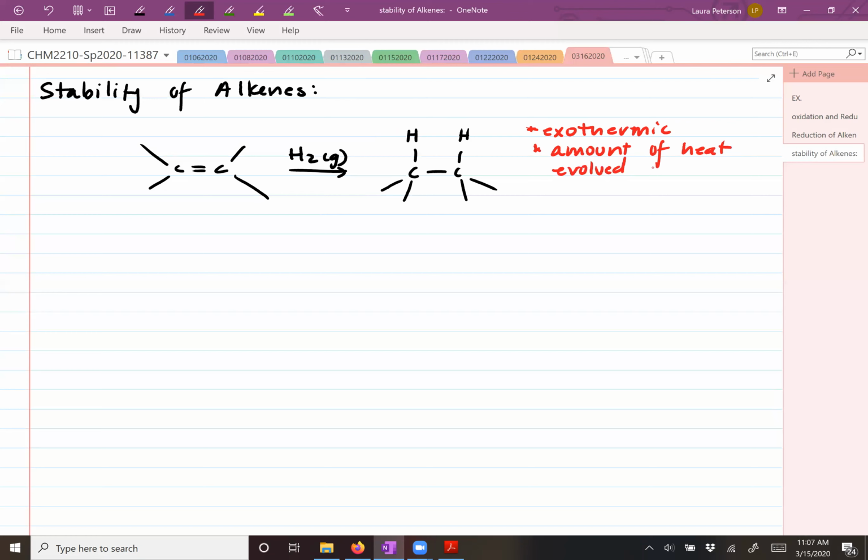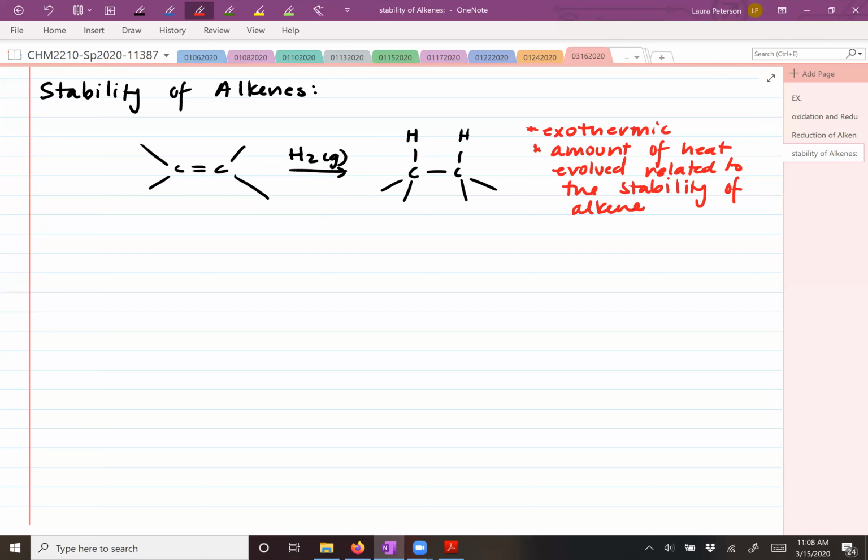So basically what we can do is take several different alkenes, run this hydrogenation reaction, and then compare the amount of heat that's given off.